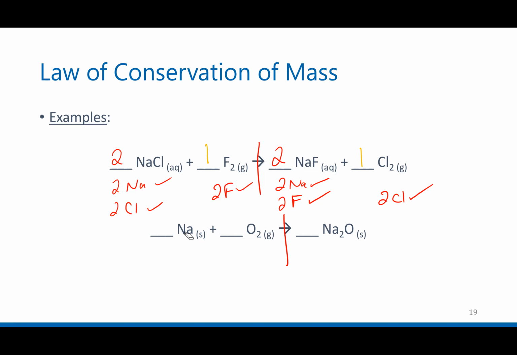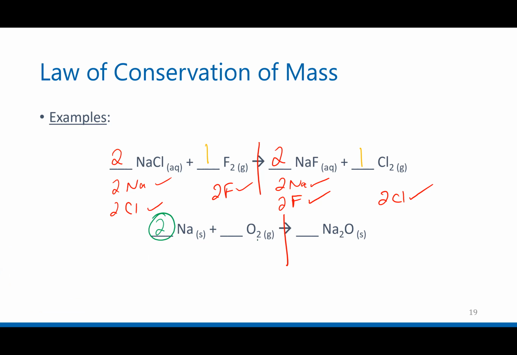I could balance the sodium right away by putting a 2 here, but a little heads up. This 2 will change. I think I'm going to have a problem with that too, but you could put it there. This is why when you're doing a lab or something on paper in chemistry, I recommend using a pencil or an erasable pen, because I will see a problem here.